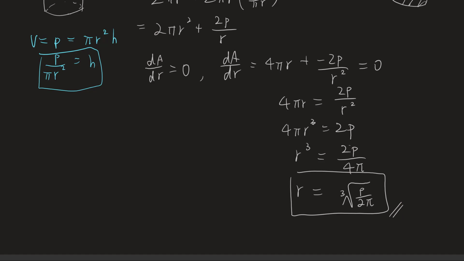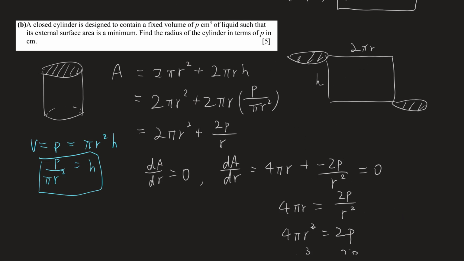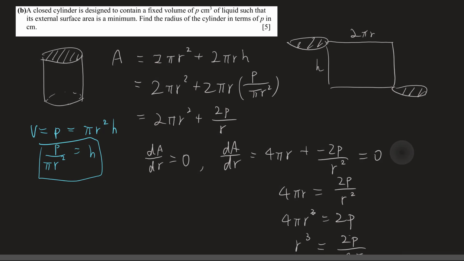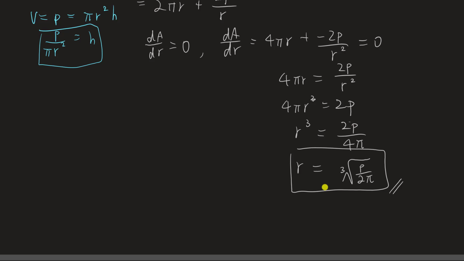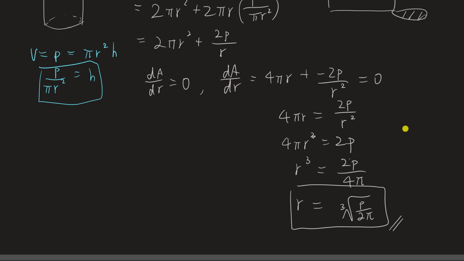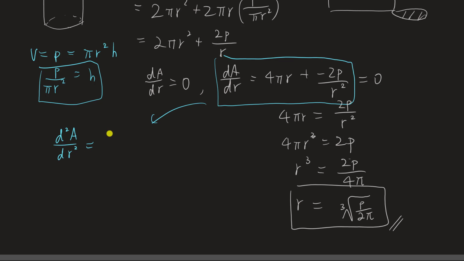That's the answer. Of course, because this question is 5 marks, you have to make sure that this is indeed a minimum. And how do you show that? All you need to do is use the second derivative test. If your dA/dr is this, then your d²A/dr² will be 4π + 4P/r³.